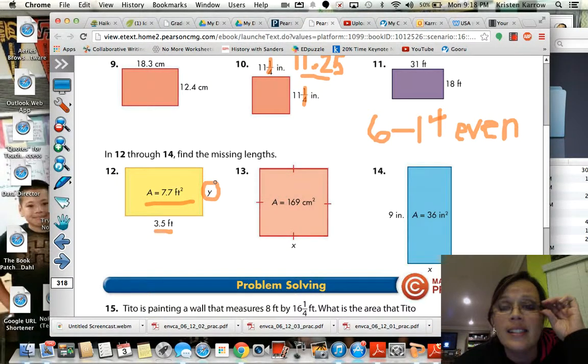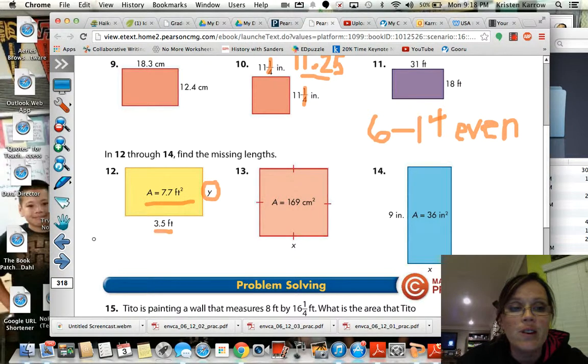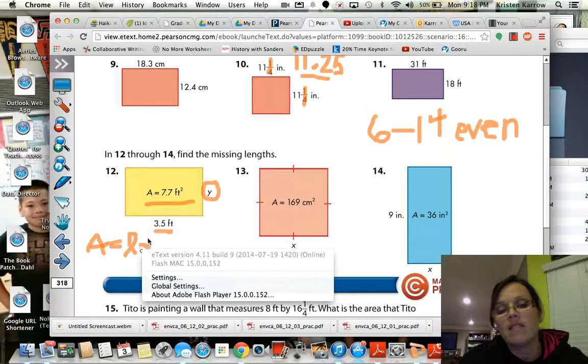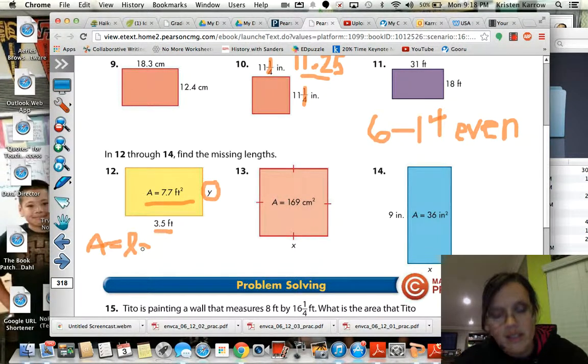So in that case, substitute in the formula what you know. If you know the area, you know your formula is area equals length times width. Wish there was an easier way to write this. Then plug in what you know and use inverse operations to solve your equation.